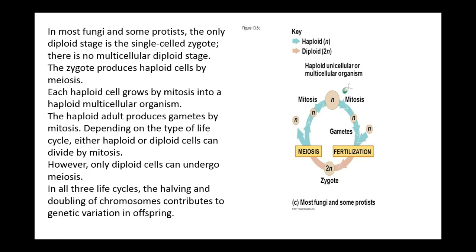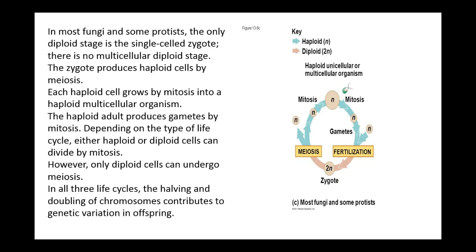And then again, to reiterate a little bit more, this is the fungi and some protists. The only diploid stage is a single cell zygote, which is different. There is no multicellular diploid stage. The zygote produces haploid cells by meiosis.